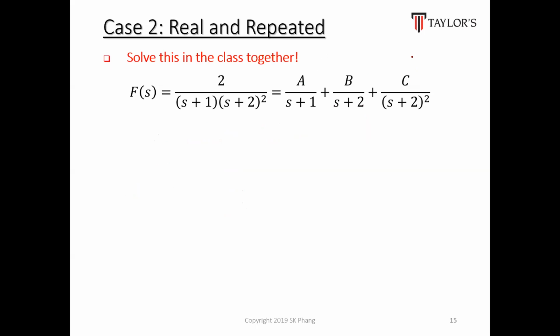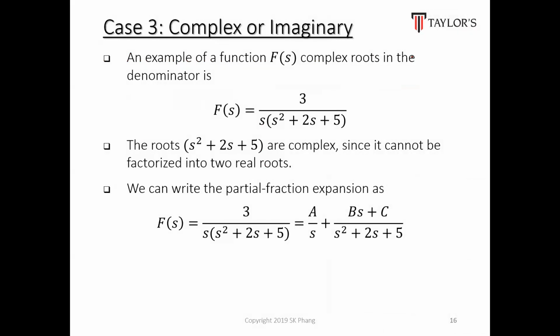So what if we have case number 3, which is the last case here, where you have a term that cannot be factorized. You cannot break these terms down into 2 different brackets. So for this kind of term, what you can do is split out whatever can be factorized. s itself is a factor, and this one is the next factor. So you split out into 1 and 2.